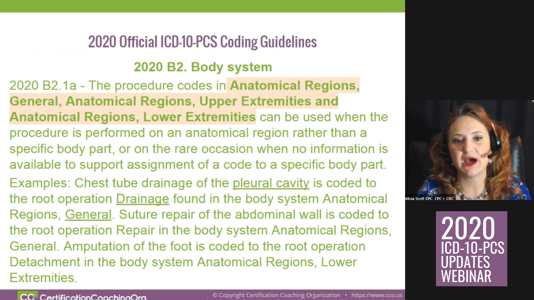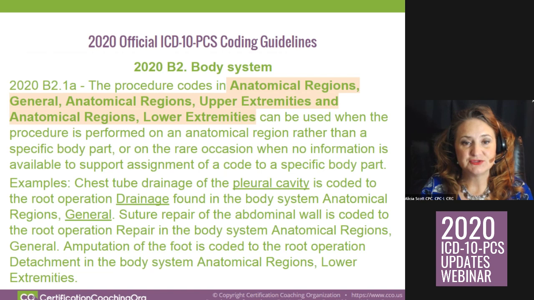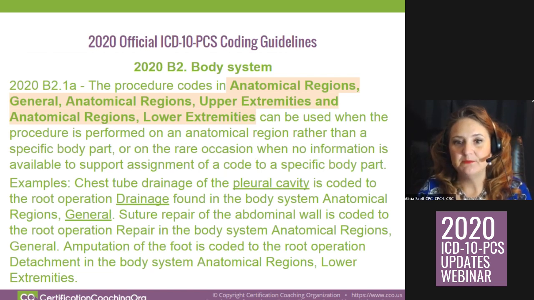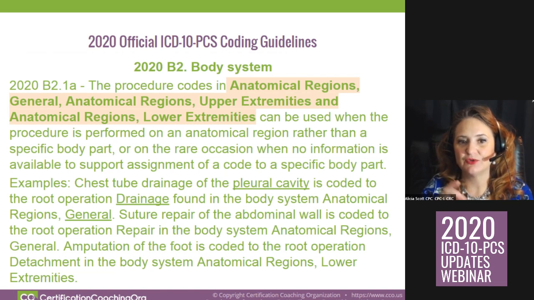So for body system, they just clarified and added the anatomical region. I try to give people who are new to PCS a heads up, because if you can't find something when you're looking for the body parts, anatomical region has general, lower, and upper extremities, and it might be there, especially when you're talking about detachments, which are only going to be upper and lower extremities.